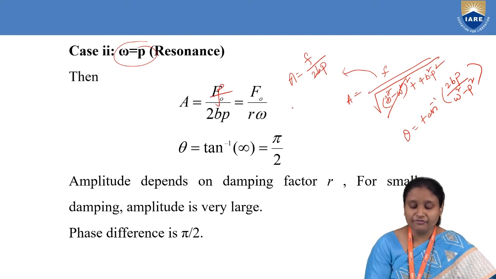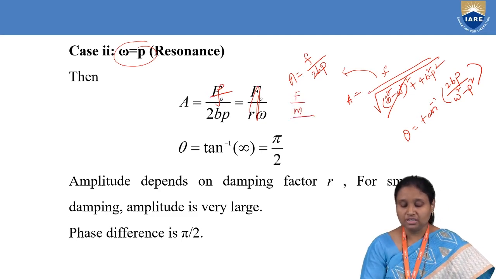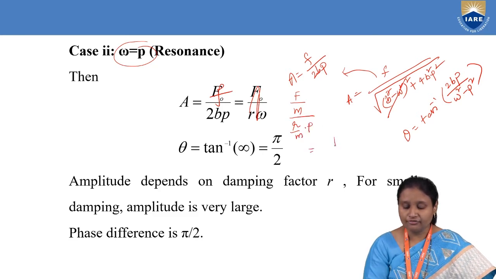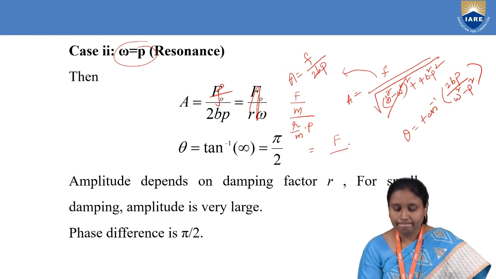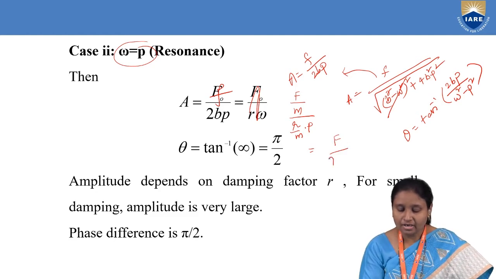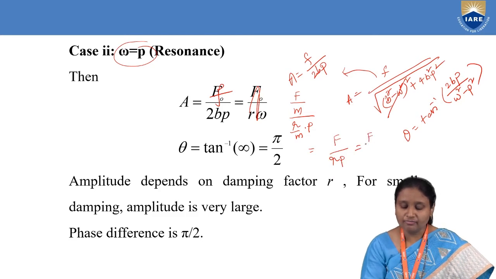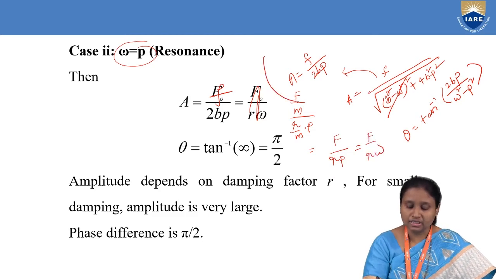But what is our F? Small f is written as f by m, and this 2b is r by m into p. So we can write this as f by r p. But what is our p? p is omega, so f by r omega. This is what we'll get here.